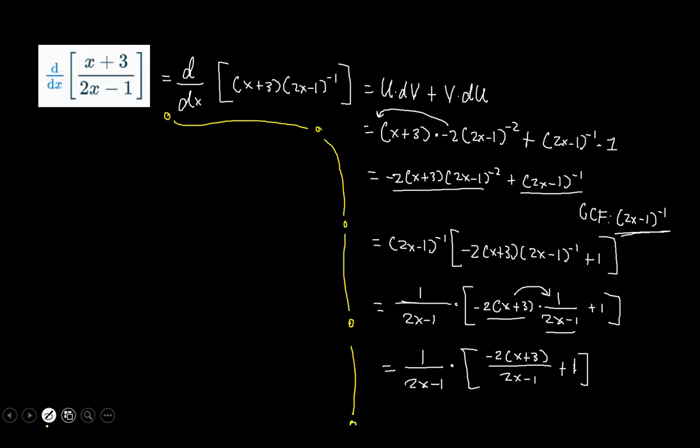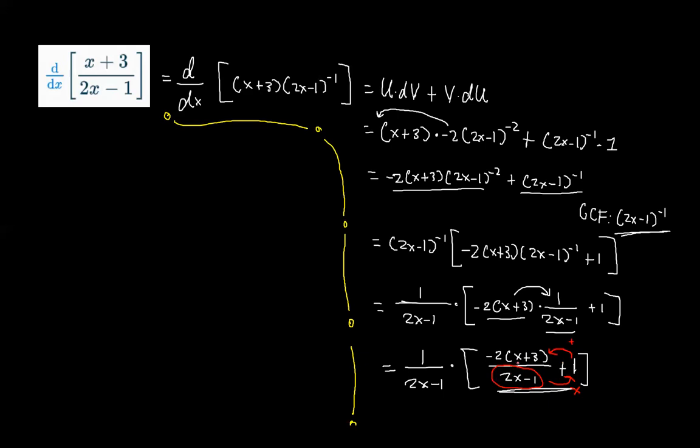Now what we're going to do is make this one a whole fraction. By doing so, I'm going to multiply, let me use a different color, 2x minus 1 by 1. The product of these two, 2x minus 1 times 1, I'm going to add here.